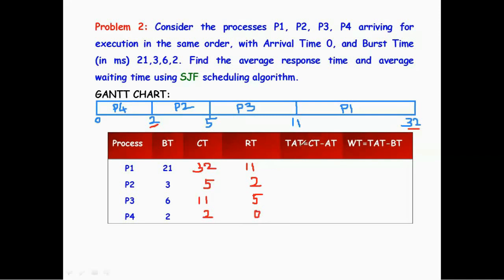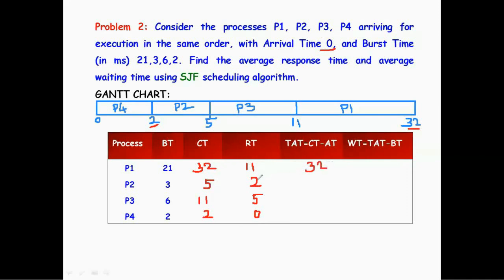Next thing we need to compute is turnaround time. Turnaround time is equal to completion time minus arrival time. For process P1, completion time is 32 and the arrival time is taken as 0. For all the processes, the arrival time is taken as 0.